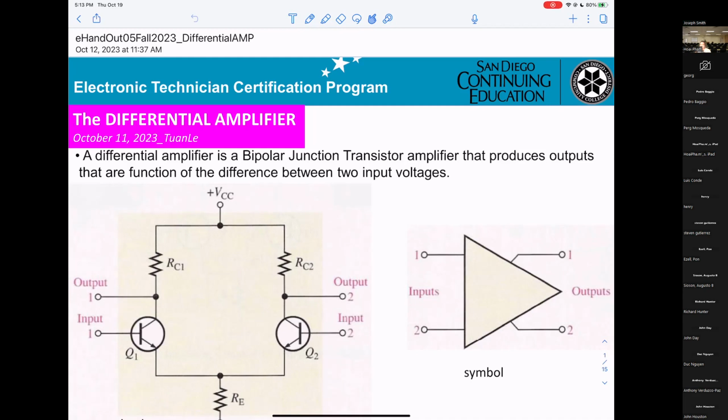And the purpose for those capacitors. The capacitors between the input and the output are DC blocking or AC coupling. That means they block any DC going to the amplifier or any DC coming out of the amplifier.